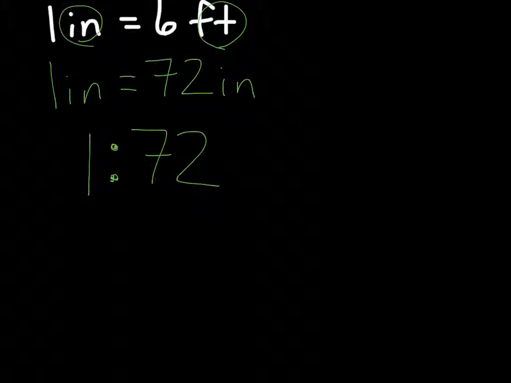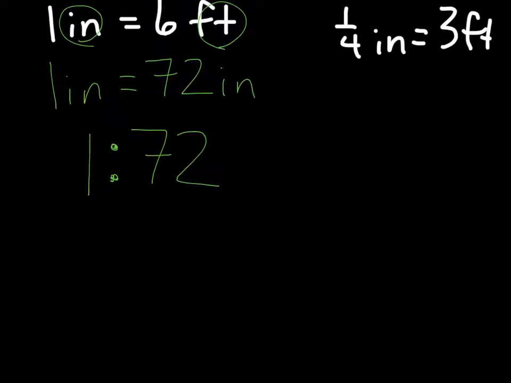All right, let's do one more. Let's take the last one that we just did. It said that on the scale, 1/4 inch equaled 3 feet. And so if I'm going to try to find the scale factor for it, what I want to do is first make them the same unit. So I want to say 1/4 inch, and 3 feet is 36 inches.